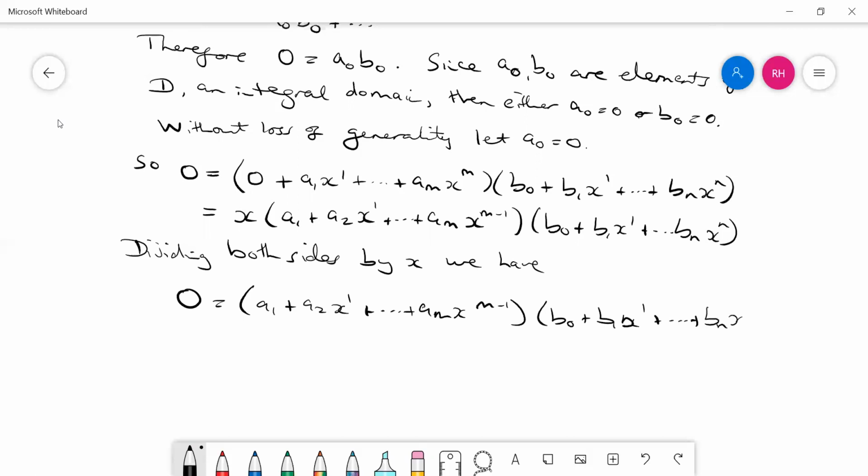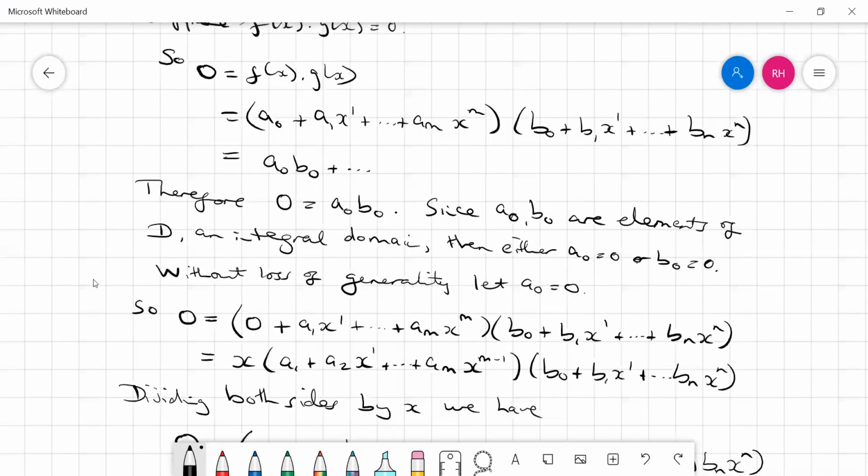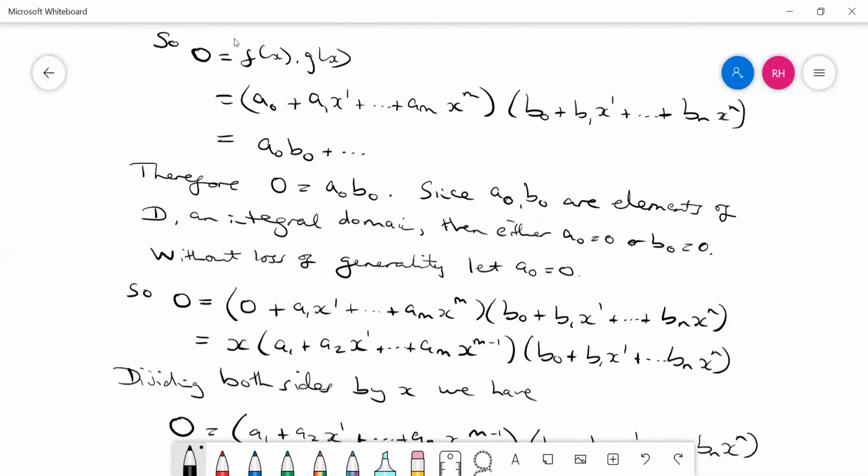Okay, so now we've got a situation that's similar to, let's go back up here, this process up here. So I might actually mark that, I've got colors, so that's quite nice.